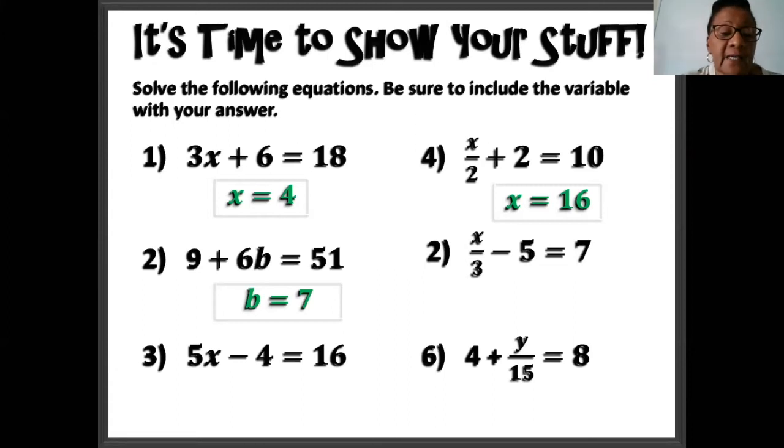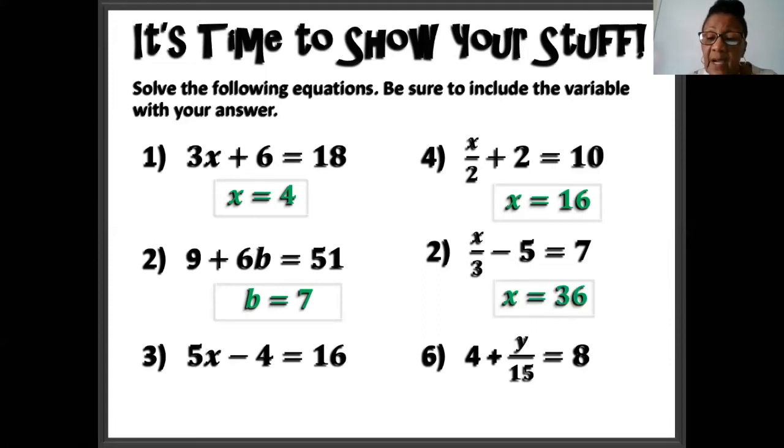Equation 9 plus 6b is equal to 51. b is equal to 7. I hope that you've been sitting down and following the steps. If you sat down and did your work and followed the steps, then there is no reason why your answer should be incorrect.